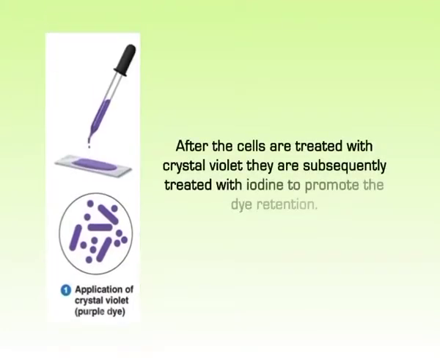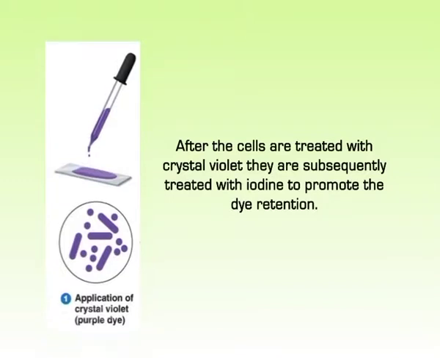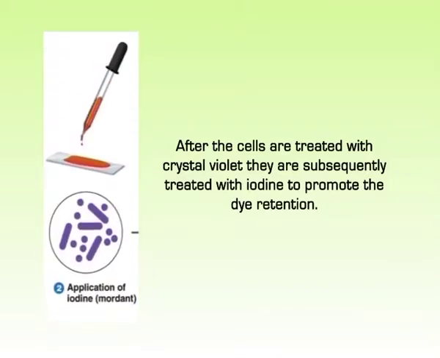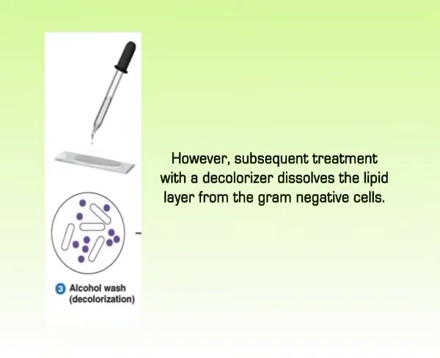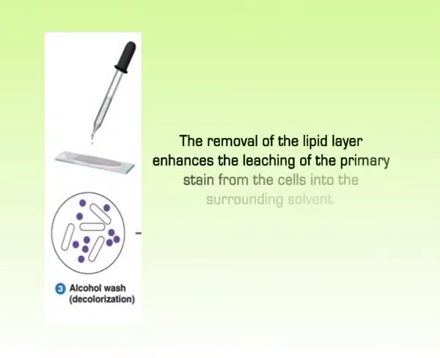After the cells are treated with crystal violet, they are subsequently treated with iodine to promote dye retention. However, subsequent treatment with a decolorizer dissolves the lipid layer from the gram-negative cells. This removal of the lipid layer enhances the leaching of the primary stain from the cells into the surrounding solvent.